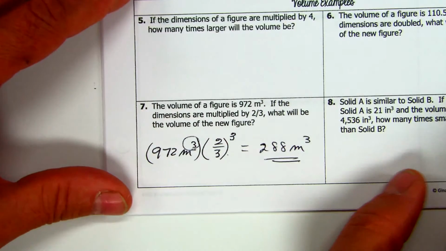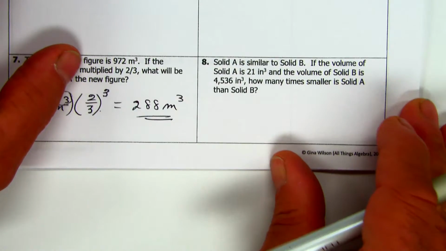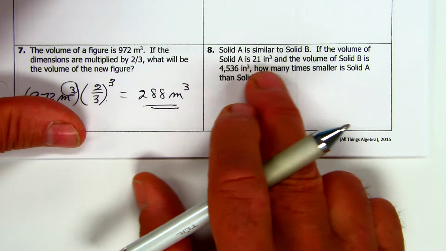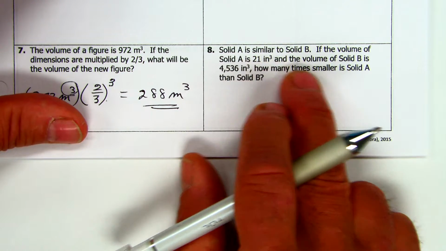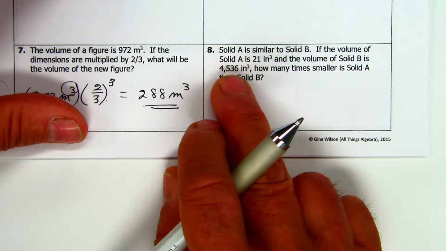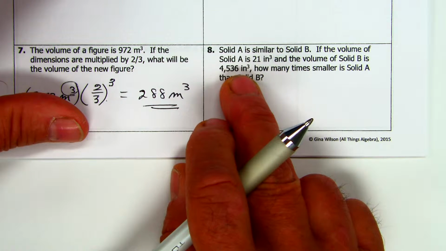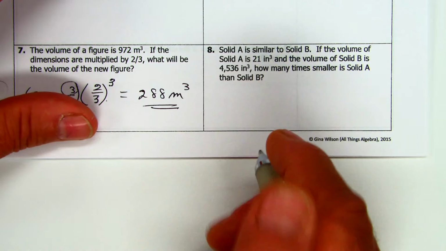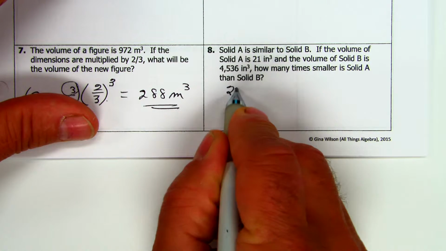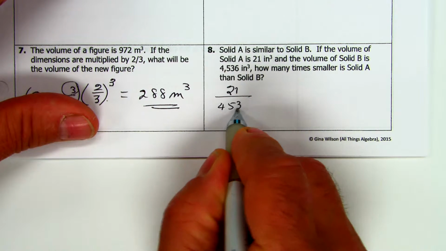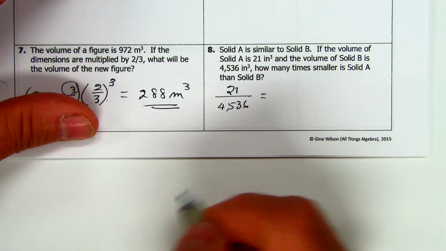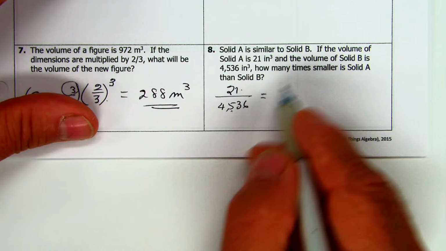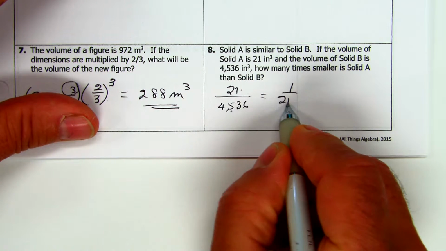Let's look at number 8. So number 8, solid A is similar to solid B. The volume of solid A is 21 inches cubed. The volume of solid B is 4,536 inches cubed. How many times smaller is solid A than solid B? So we have 21 over 4,536. If we divided 21 into the numerator and denominator, we'd have 1 over 216.